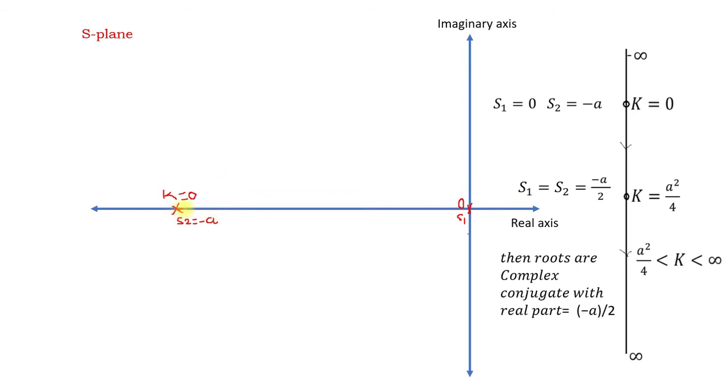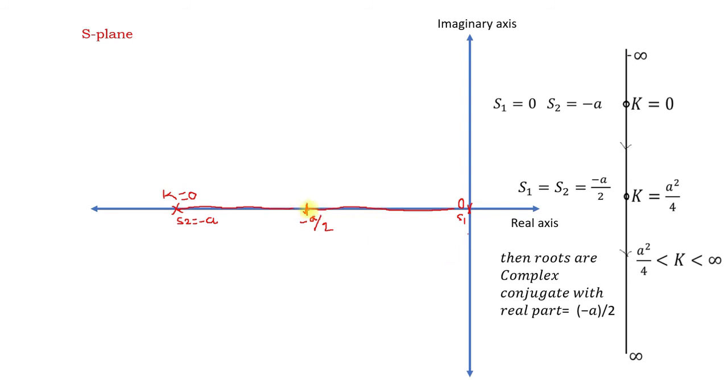Now as the k value increases, see that the S2 value decreases. Let us say here this is minus a divided by 2, and the S1 value increases from 0 to minus a by 2. Further, if I increase the k value beyond a squared by 4, then the roots are complex conjugates with real parts.